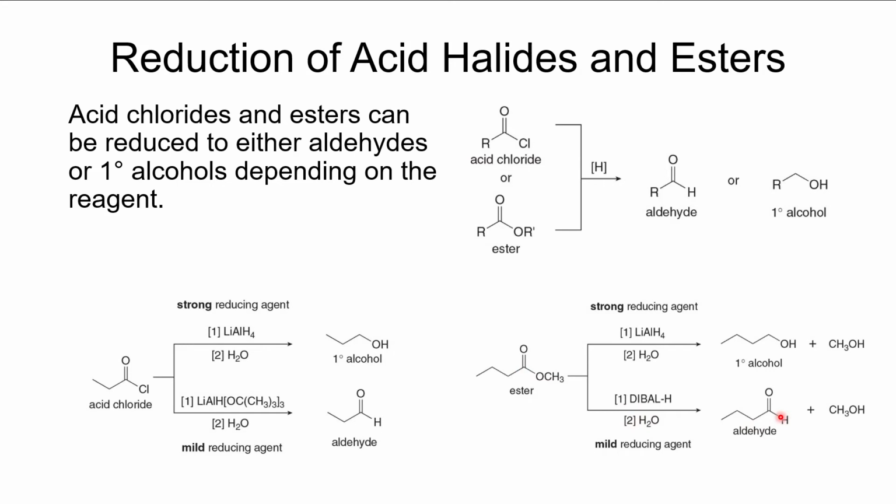So this just gives us an option of selectively stopping at the aldehyde when we're reducing these two particular starting materials, either an acid chloride or an ester. Again, the acid chloride only works with this lithium tri-tert-butoxy aluminum hydride, and the ester only works with DIBAL. Now, there are some other reagents that have been invented, but these are the ones that I want you to remember.